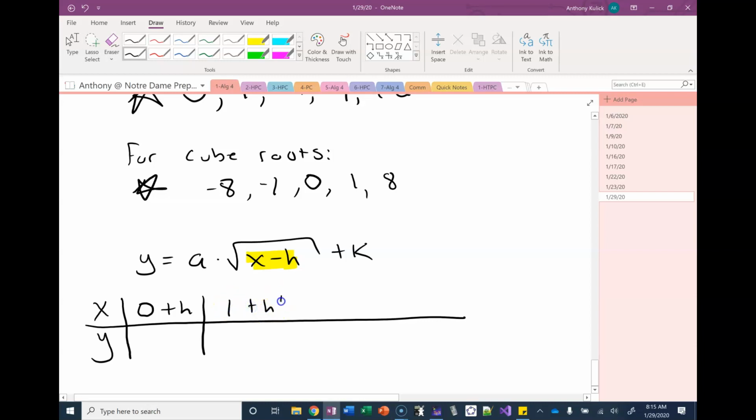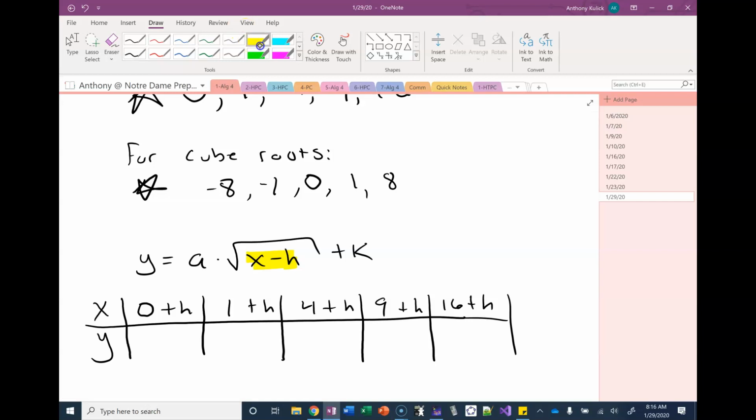And then similarly, when I plug in x plus h in for x, the plus h and minus h are going to cancel out, leaving me with a number that I can take the square root of and get a whole number back.